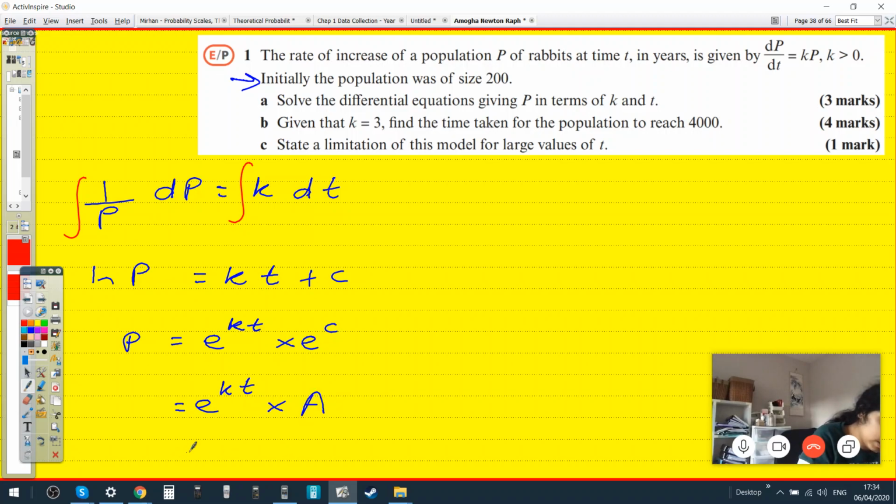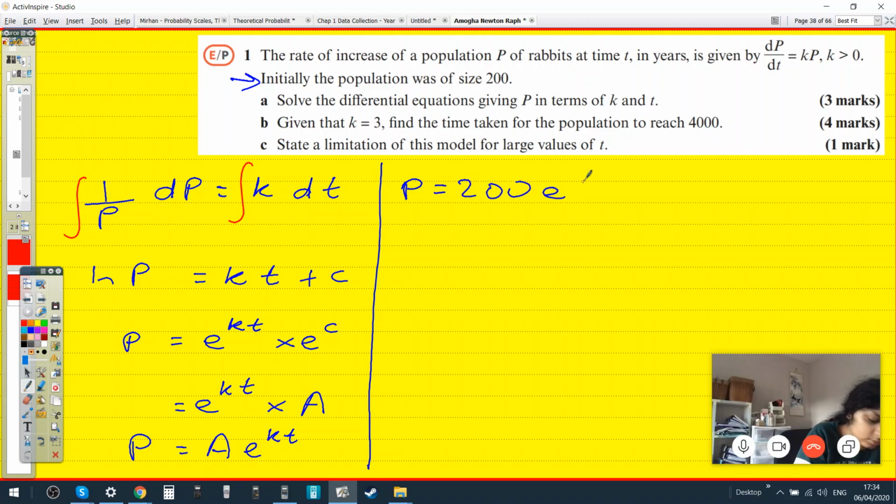So p is equal to e to the power of kt multiplied by 200. So P is equal to 200 e to the kt. So the initial value is 200.